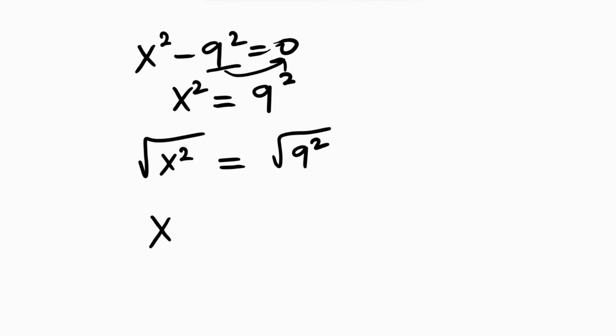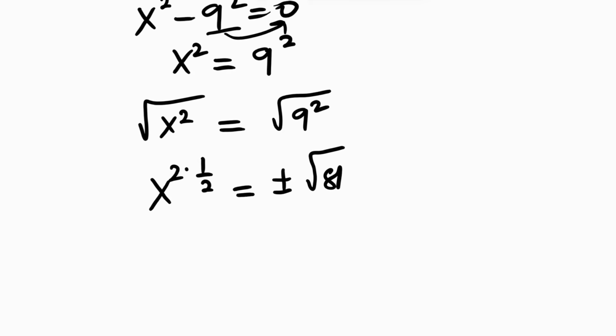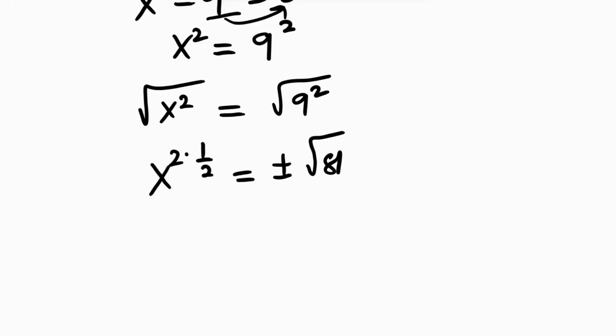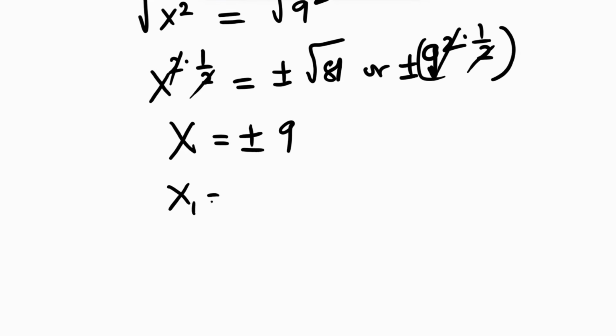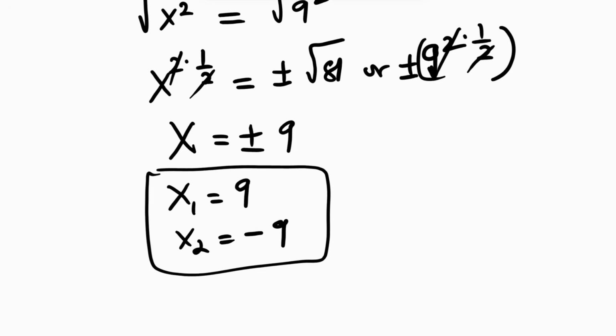This is the same thing as x squared to the power 1 over 2, and this becomes plus or minus the root of 9 squared, or we can say plus or minus 9 squared to the power 1 over 2. Same thing. So these cancel out. So our x is equal to plus or minus 9. So x1 is equal to 9 and x2 is equal to minus 9. This is our first set of answers.